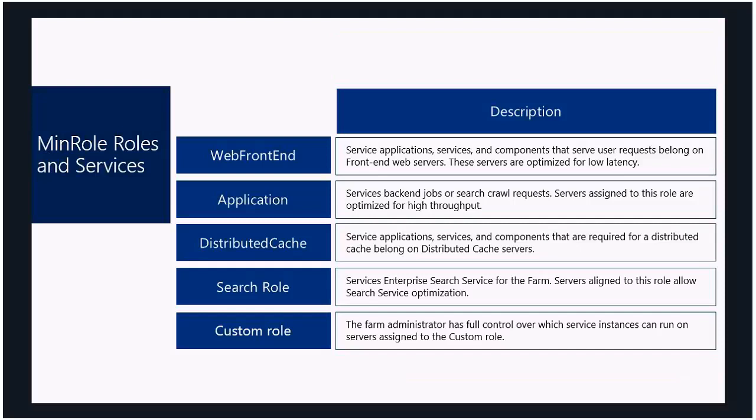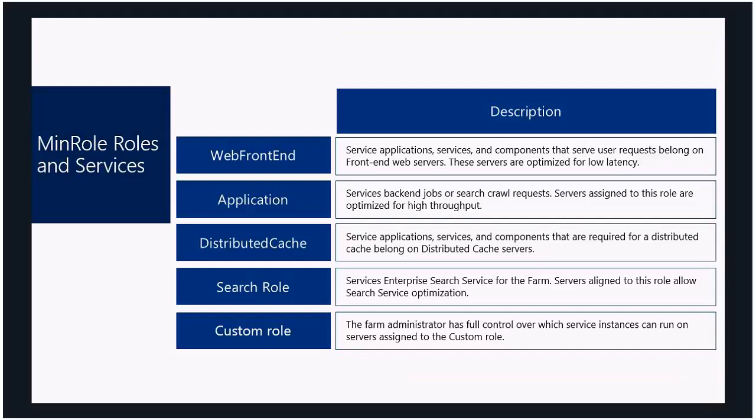Or we have the applications. So the application role is typically such as the service applications, or the services or components that are running in the back end. For example, you might have the search crawl requests or the user profile service applications, those kinds of applications that work in the back end.